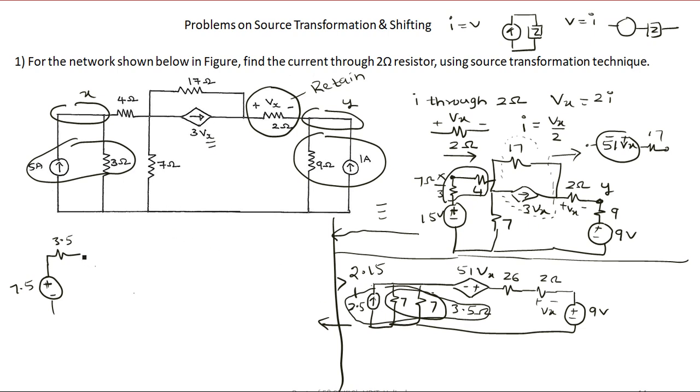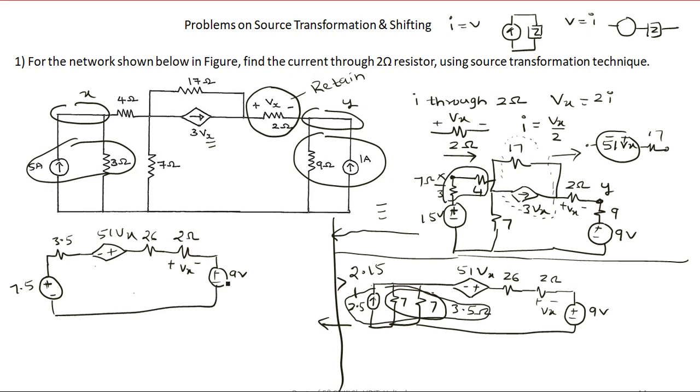Then remaining elements are the same things, minus plus 51 Vx, then we have 26 ohms, then we have this 2 ohms where Vx is mentioned, then we have this 9 volts.